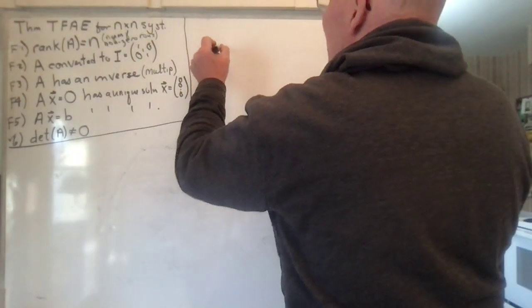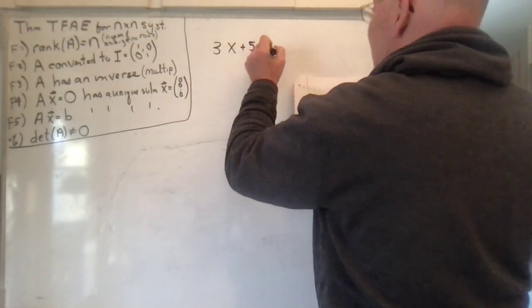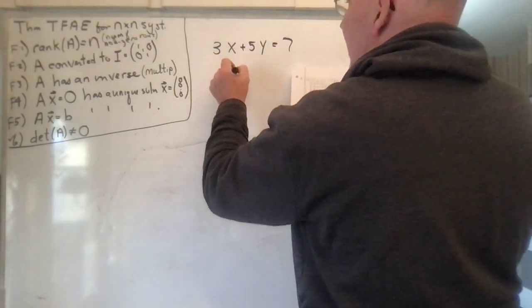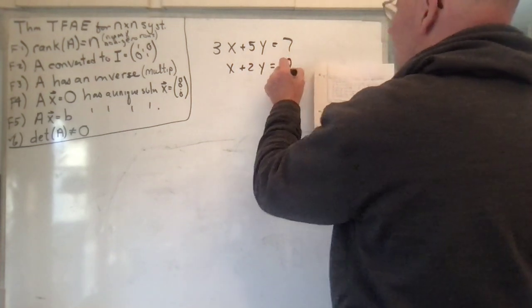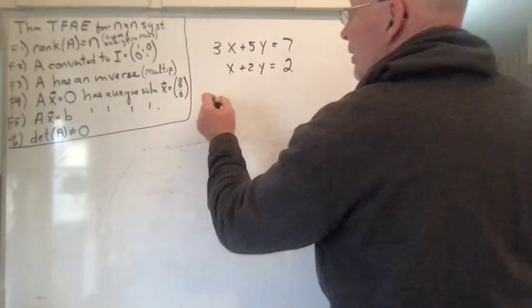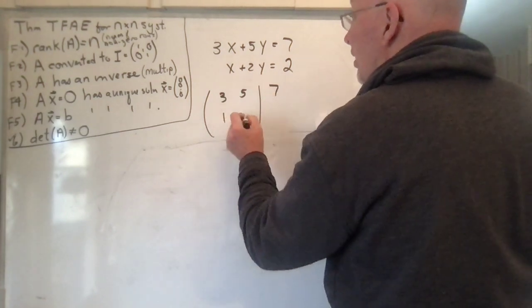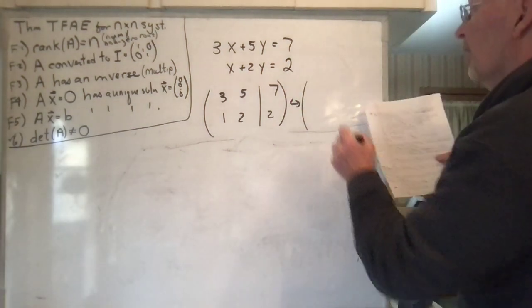You can have 3x plus 5y is equal to 7, and x plus 2y is equal to 2. And if you put that into this form and do your row operations on it, you'll end up with this.